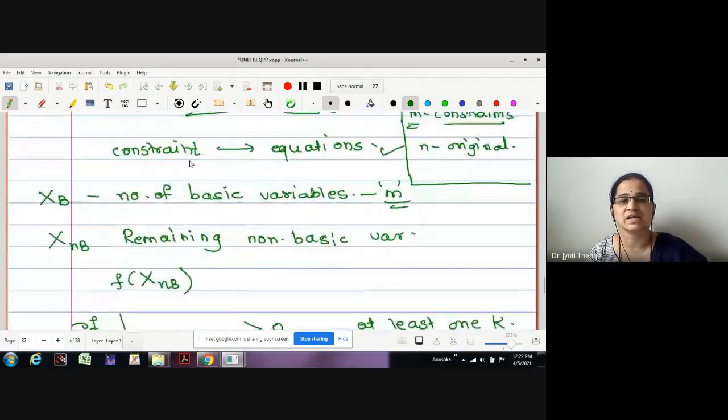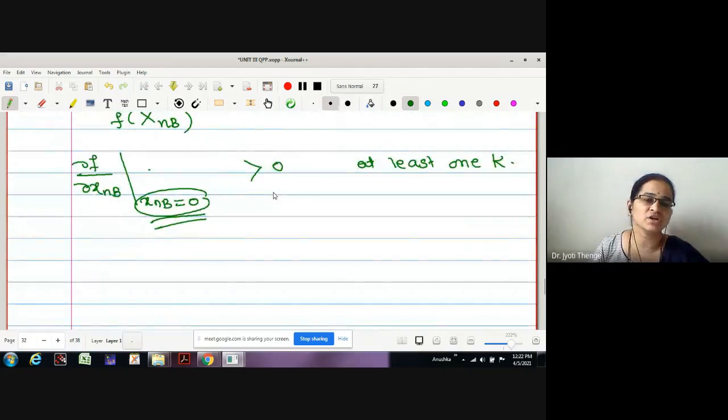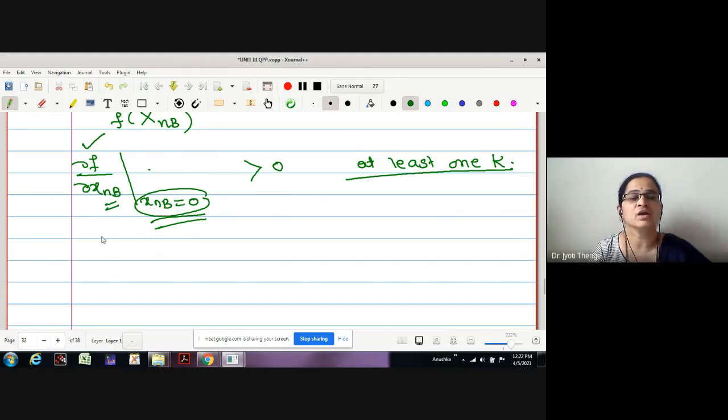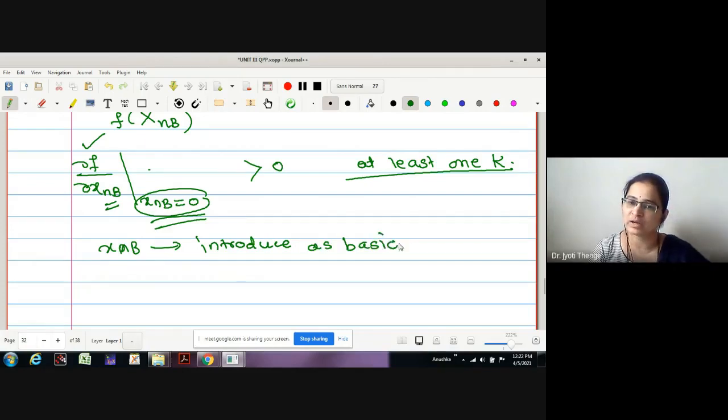As the nature of my objective function is maximization, we want an increment in the function. Therefore, if we change this non-basic variable from 0 to some positive value, there will be an increment. So if at least one such case occurs, choose this non-basic variable and introduce it as a basic variable.